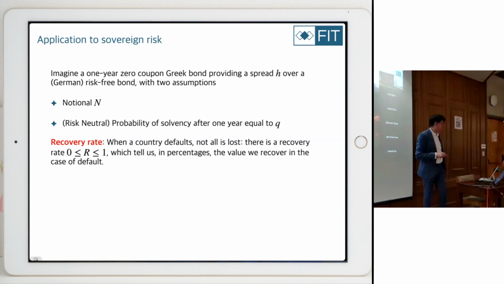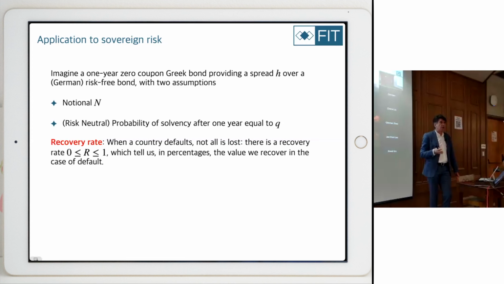And I'm going to make this model a little bit more realistic by introducing another term that is going to be one of our friends next week. It's called the recovery rate. Remember when I told you in the exercise earlier there was an unsecured bond? I said, what does unsecured mean? Unsecured means that if there is default, you get nothing.